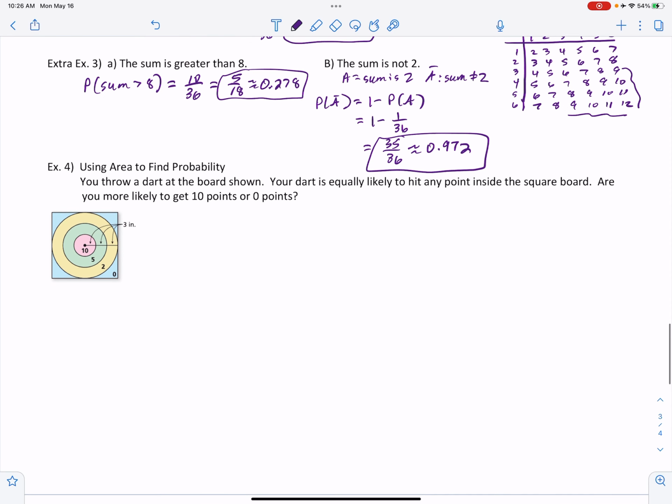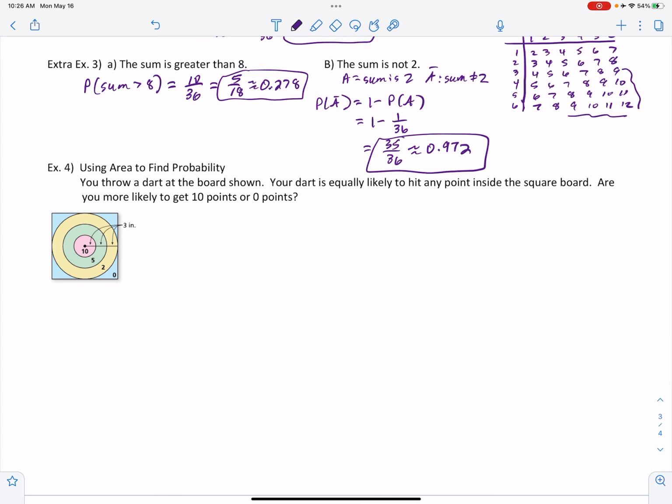And this last example, using area to find probability, you have to actually find areas of geometric figures. You throw a dart at the board. Your dart is equally likely to hit any point. So, it's randomly going to hit this squared dartboard, and it's not going to land outside it, and every spot is equally likely.